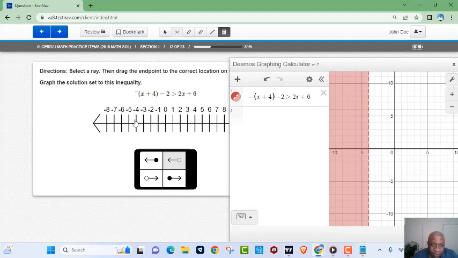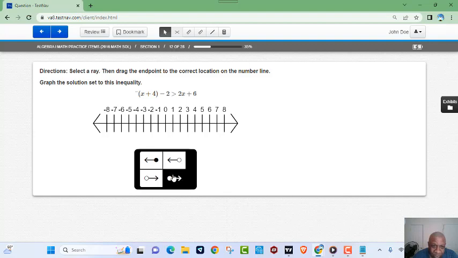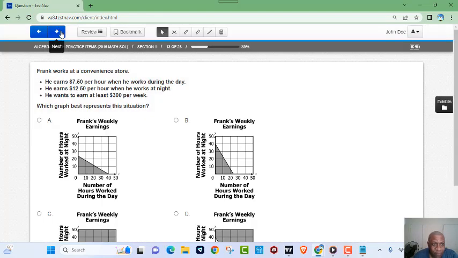I was supposed to drag it onto -4, but it doesn't seem to want to budge here. Well, anyway, you're supposed to drag it to -4, because x is less than -4. All right, let's move on to the next one here.